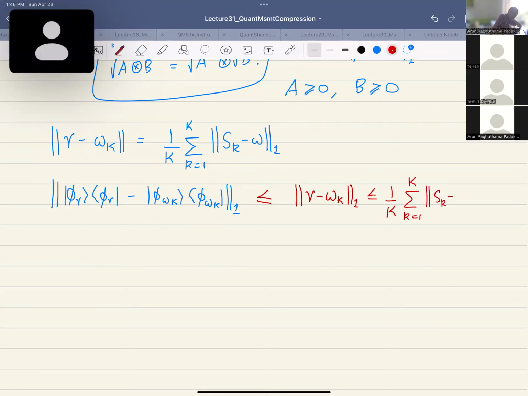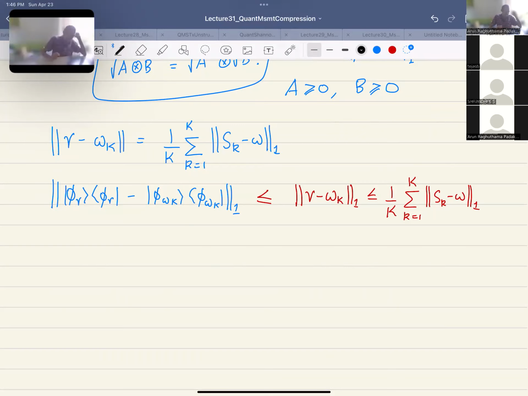Can I conclude this? CPTP map. I'll give you 1 minute to think over it. Not just think over it, but actually argue it out, and then I'll come back.